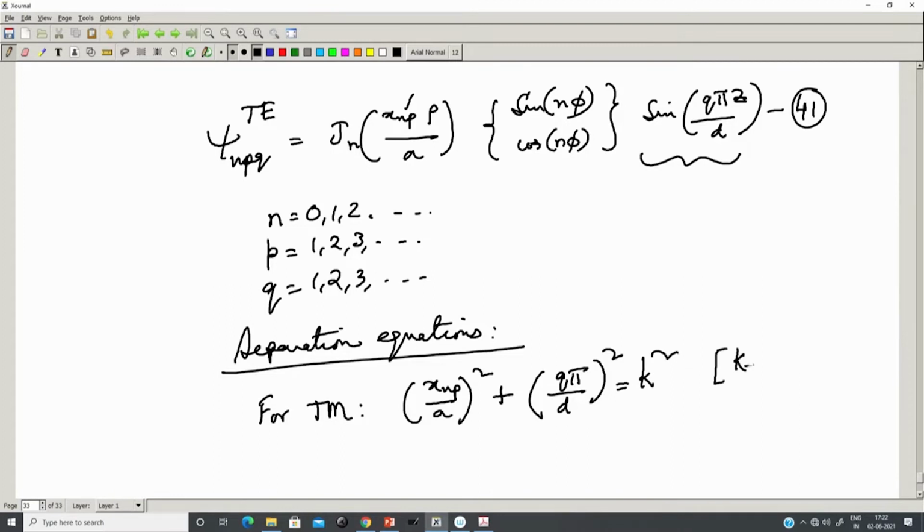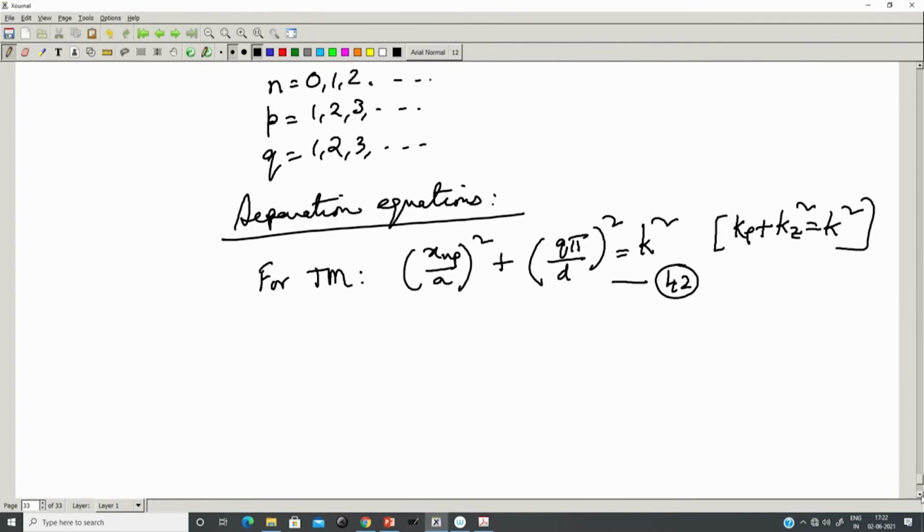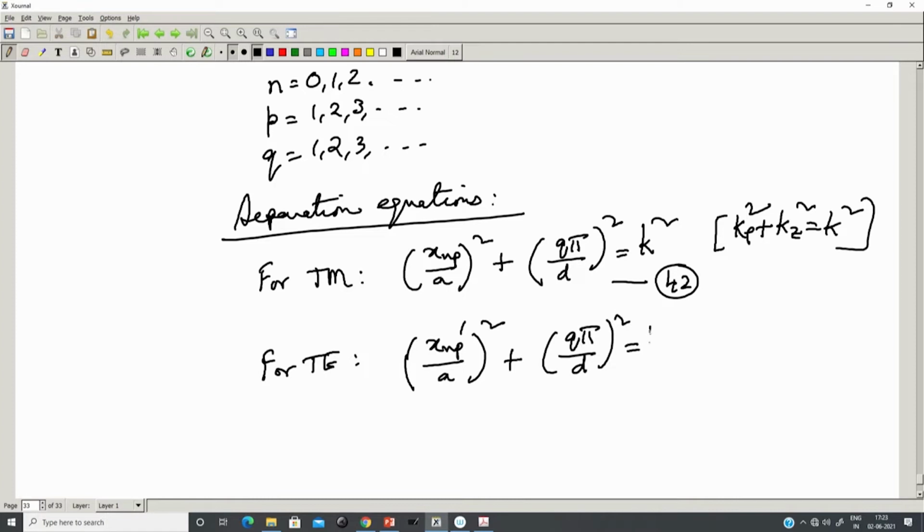So, this is nothing but k rho square plus k z square equal to k square. We call this equation 42. And for the TE case, the same equation k rho square plus k z square equal to k square yields x n p dashed by a whole square plus q pi by d whole square equal to k square, that is 43.